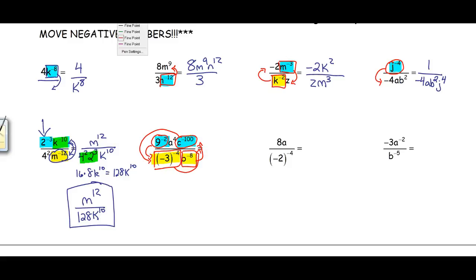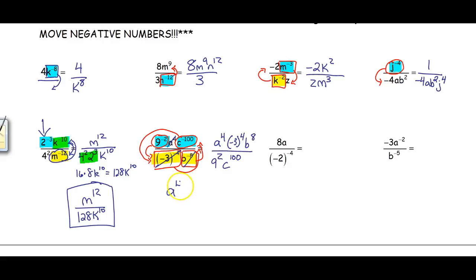So our a to the 4th is going to stay. Negative 3 raised to the negative 4th is going to come up. And b to the 8th is going to come up. So that gets rid of those. 9 squared comes down to the bottom, and c raised to the 100th comes down to the bottom. So now go ahead and simplify.